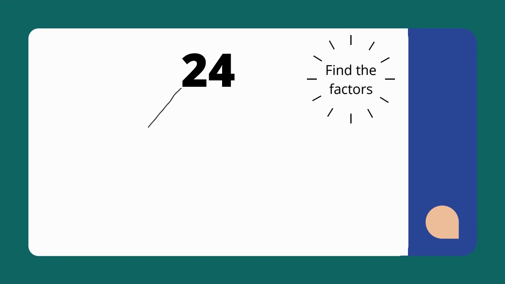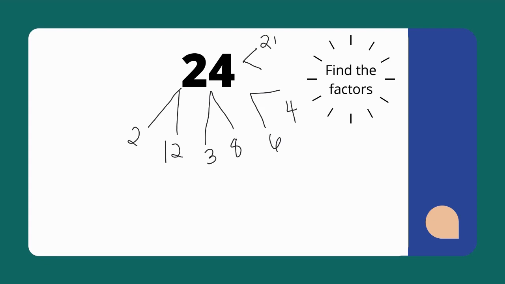So some factors of 24 include 2 and 12, 3 and 8, 6 and 4, and of course, any number can be multiplied by itself to give you that number, so 24 and 1 are also factors of 24. By finding the factors of 24, we found which numbers we could multiply together to give us 24.